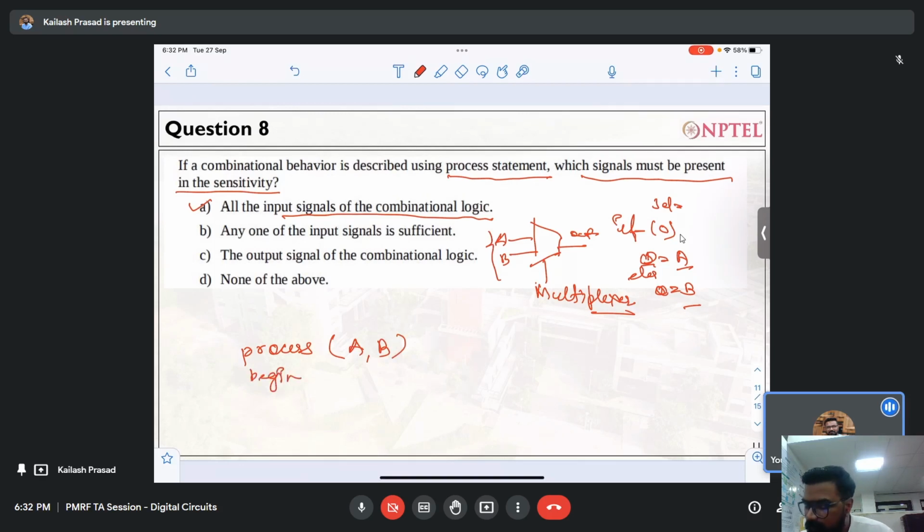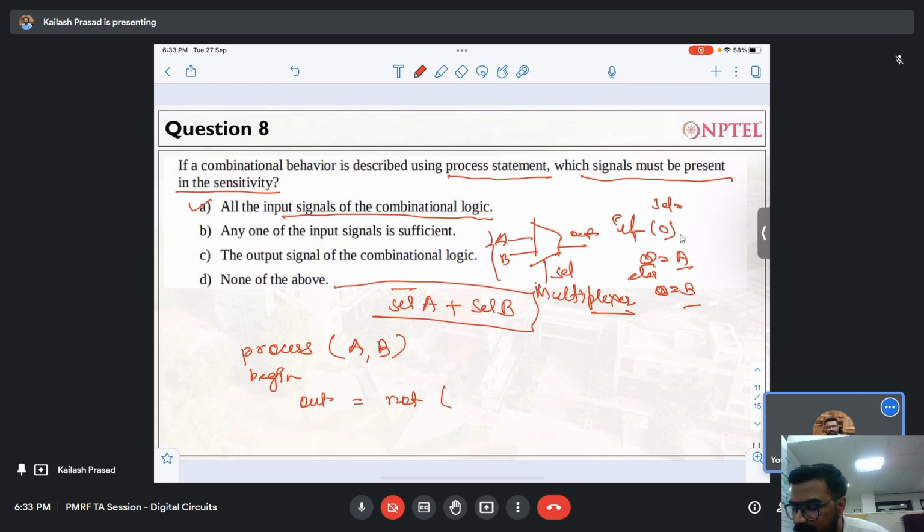Then you write, say my output is out, output equal to, and how do you write this logic? If this is select, it will be select bar a plus select into b, right? Everybody agrees with that? Out equal to select bar a plus select b.